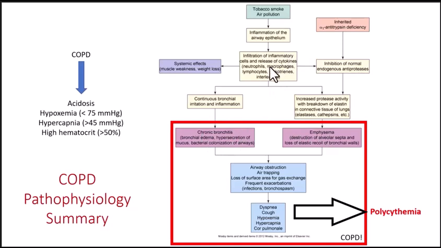In terms of the chronic bronchitis, the inflammatory response leads to this chronic state of bronchial irritation and inflammation, leading to the diagnosis of chronic bronchitis, where we'll see certain things such as fluid accumulation in the tissue within the lungs. We're going to have hypersecretion of mucus.